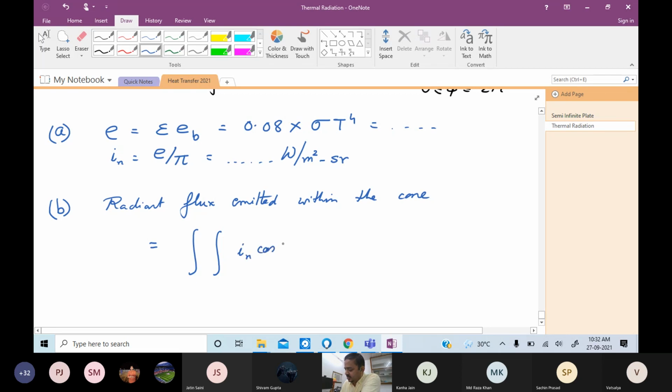I_N cos psi sin psi d psi d phi. The phi limit stays 0 to 2 pi, but the psi limit changes from 0 to 60 degrees. Okay. Please work this out.